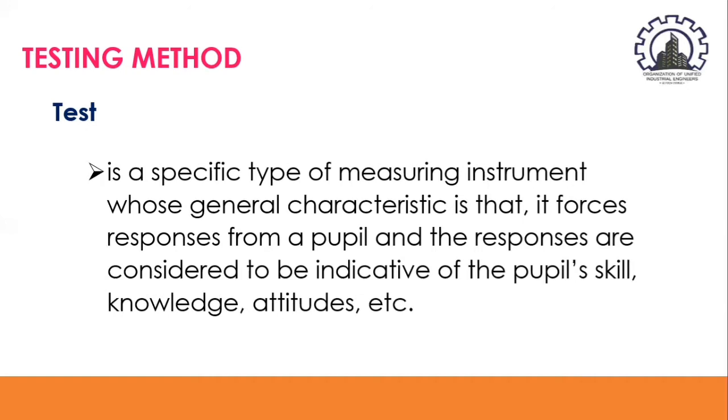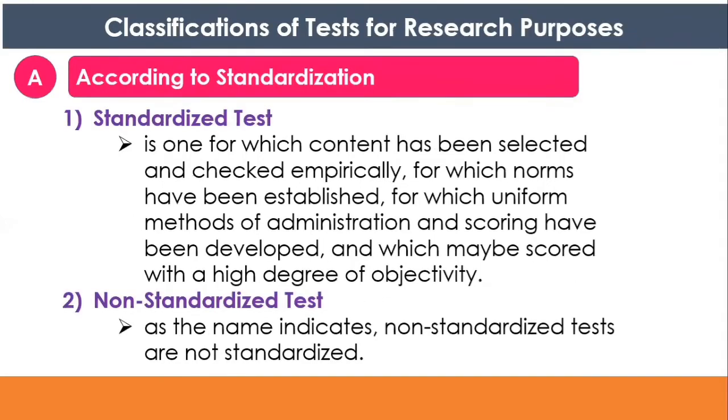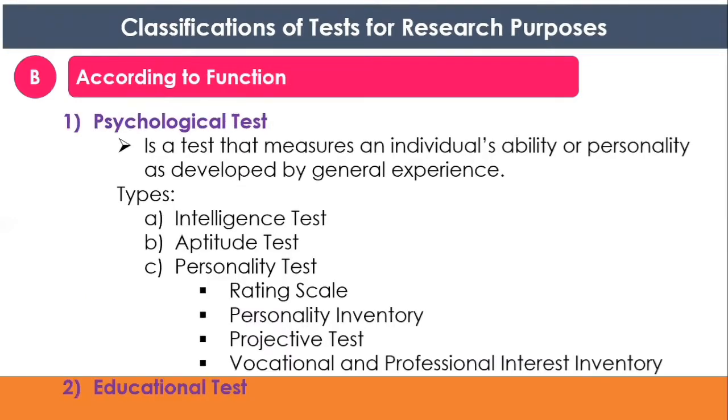And there are classifications of tests for research as well. As per classification of tests for research purposes, this is categorized into two types. First, we have according to standardization, and second, we have according to function.